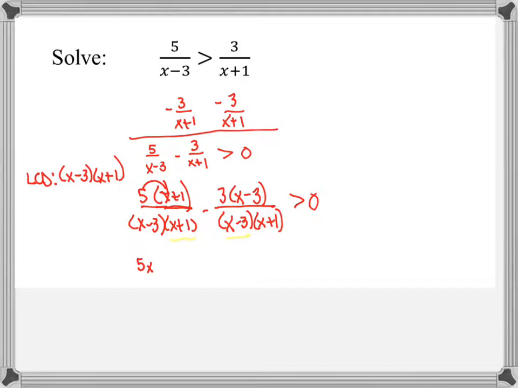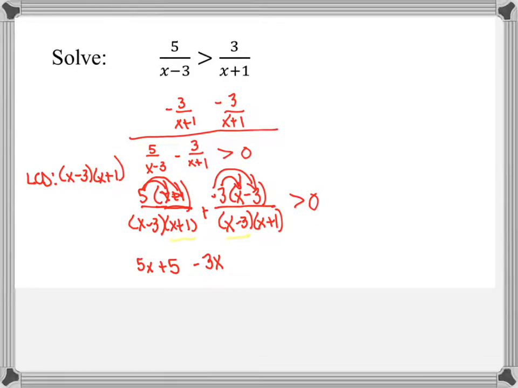Let's distribute. We get 5x plus 5. Okay, I'm going to move the minus up so that it's right in front of the 3 and not out in front of the fraction, so that I can distribute the negative into the parentheses. Negative 3 times x is minus 3x.